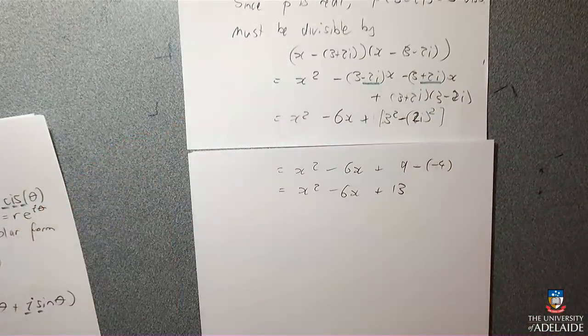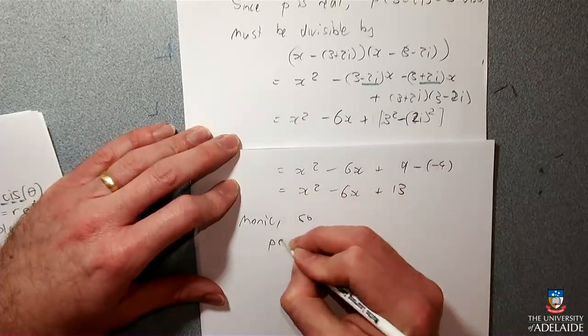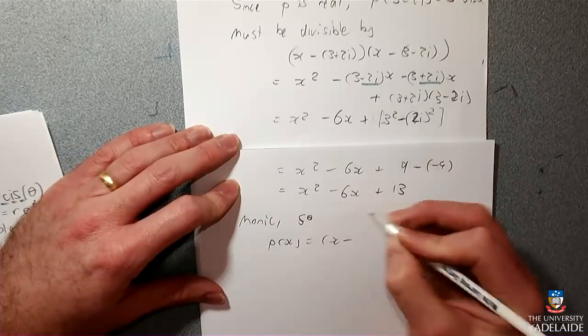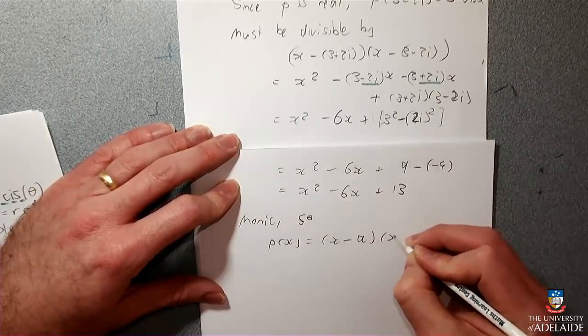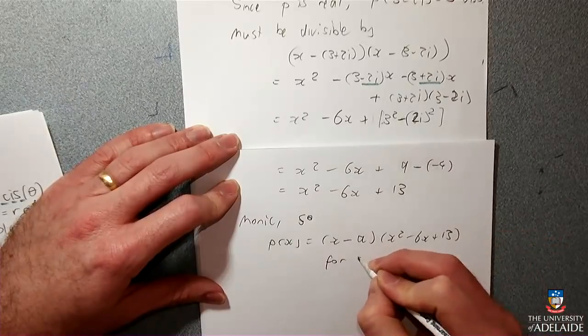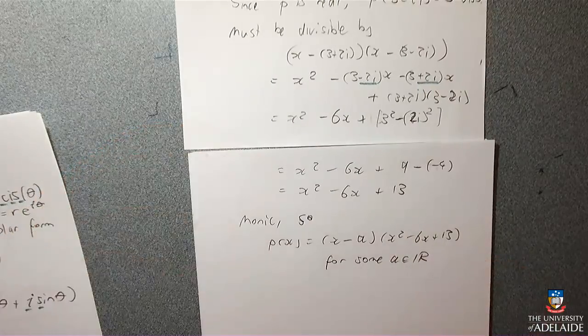Okay, it must be divisible by that. So it's monic. So the other factor must be like x minus something, for some real number, because it's cubic.